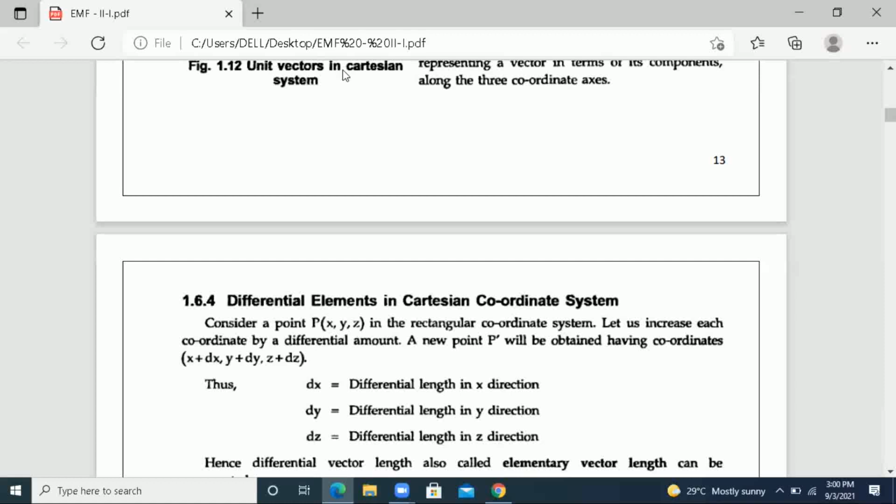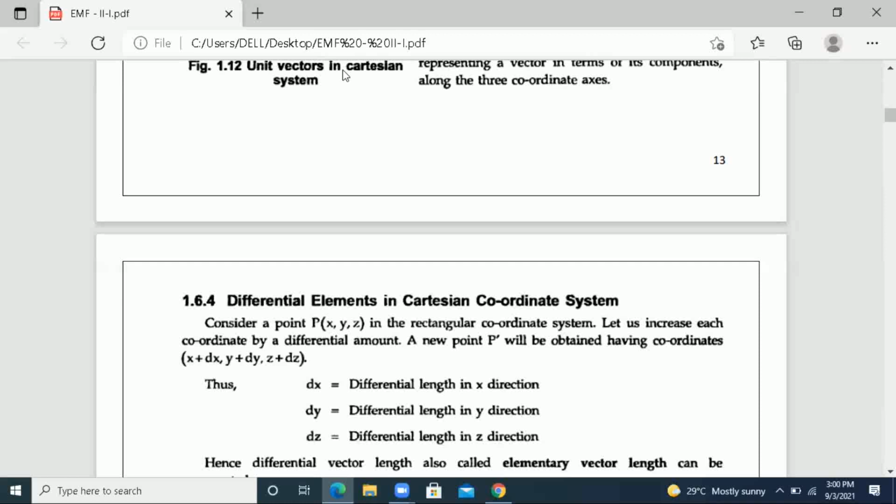What is differentiation? Sir, it has to do with time.